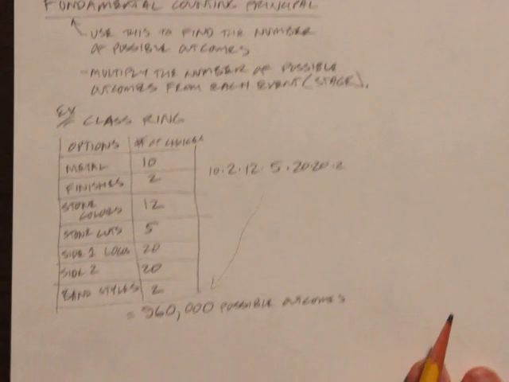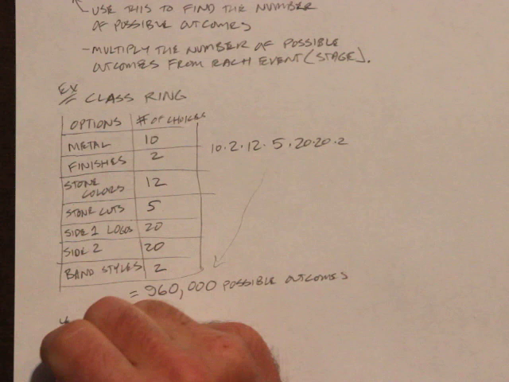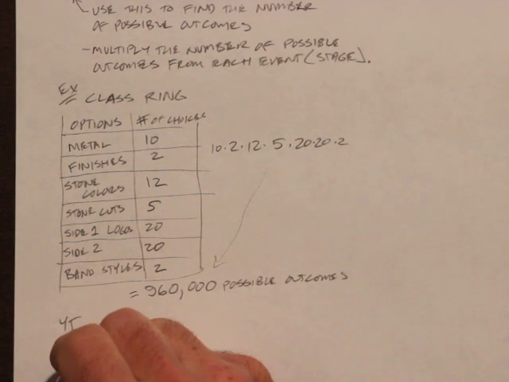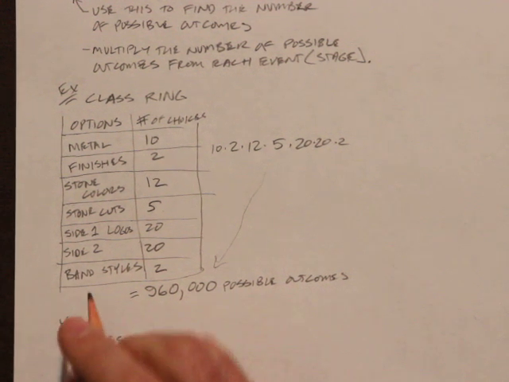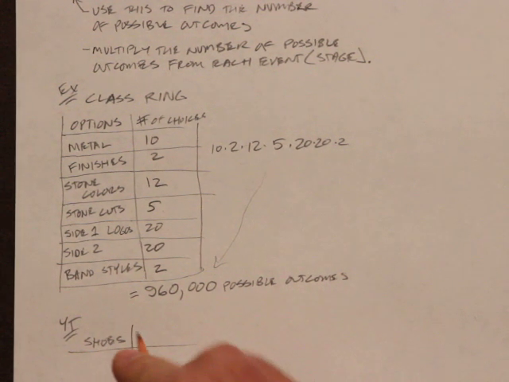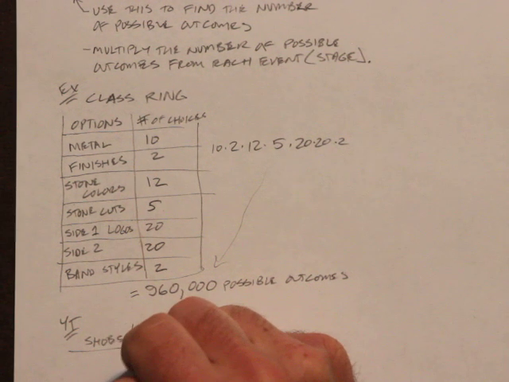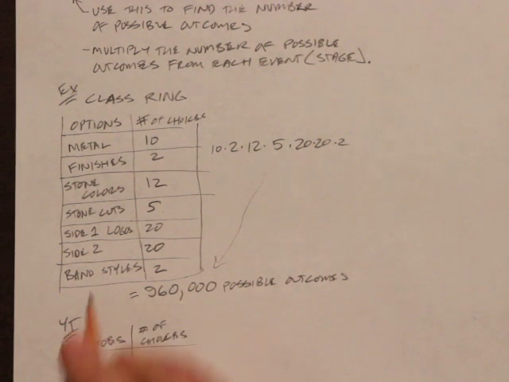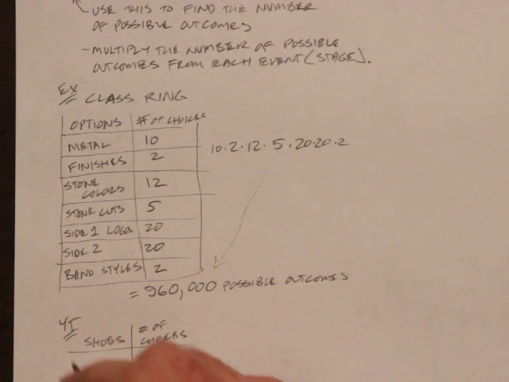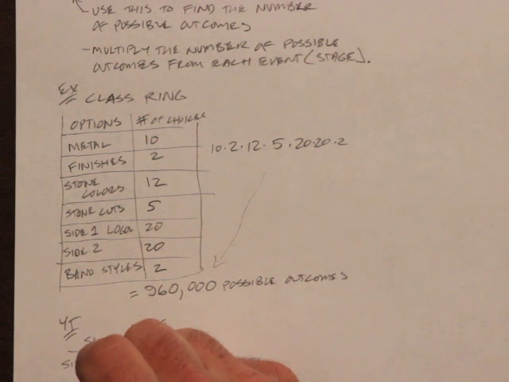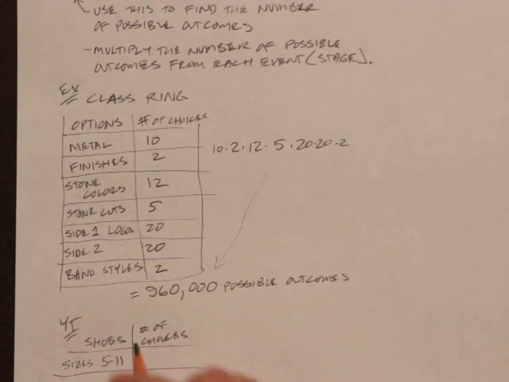Easy enough. Let's do one more. You guys are going to try this one. So if you're going to go to the shoe store, you're going to buy some shoes. You've got the number of choices here on this side and the types of shoes. So you can choose different sizes between 5 and 11, and there are 7 different sizes that you can choose from there.